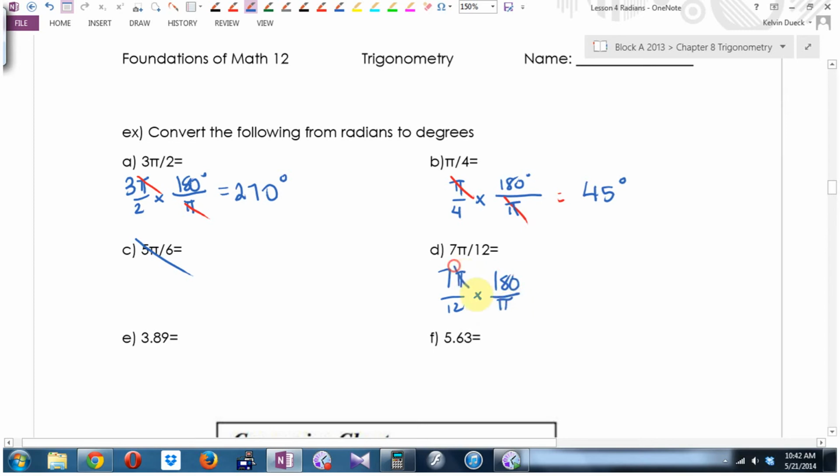Pi's cancel in this case. Doing this in my head, it's going to be 36 times 7, 210, 40, 252? Sorry, I'm way off. What is it? 105? Wow.